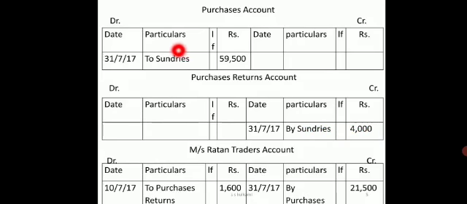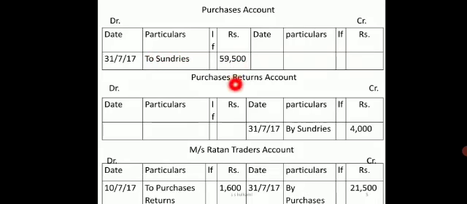Now why sundries? This amount is debited and credited, and the journal entry comes as purchases account is debited to sundries. Whenever purchases are done, it is an expense and it has to be credited to the respective supplier. So the purchases account is debited and the respective supplier's account is credited.